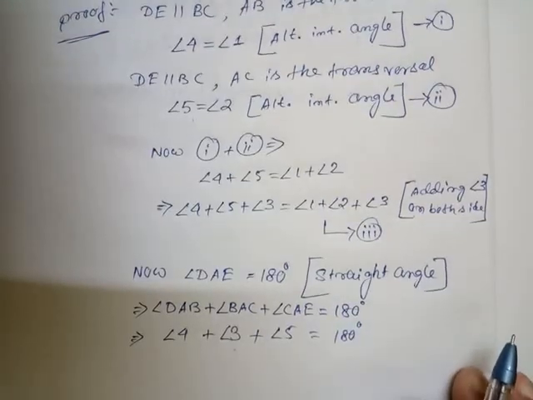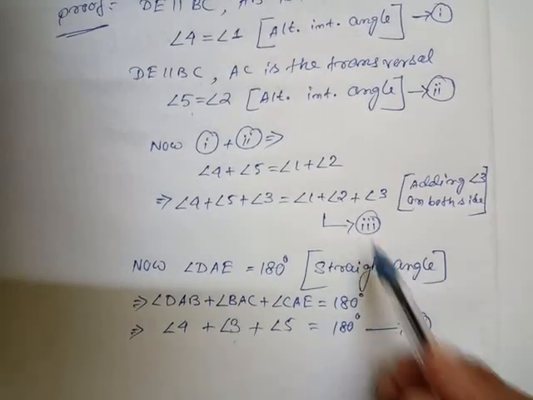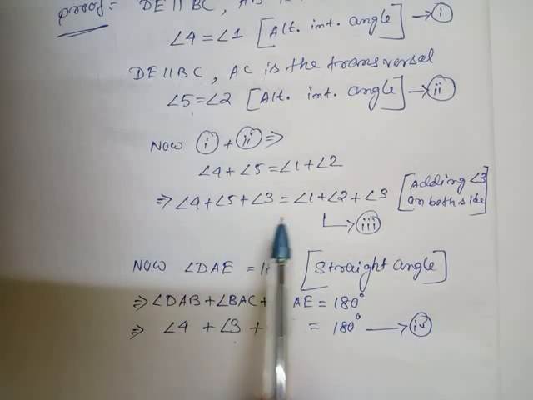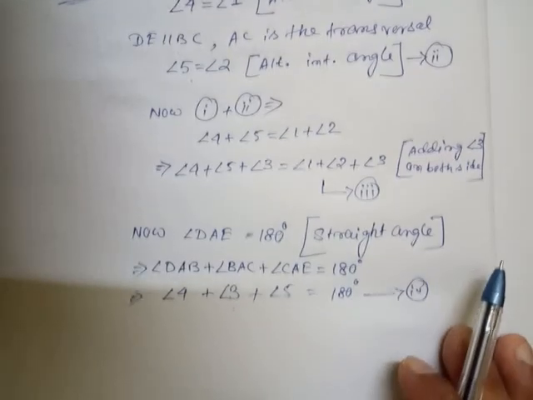Now look students, one more thing. If I take this one as our equation number 4, then comparing 3 and 4, this equal to this, which means this equal to 180 degrees. So I can put this value here also. Now the last line will be here.